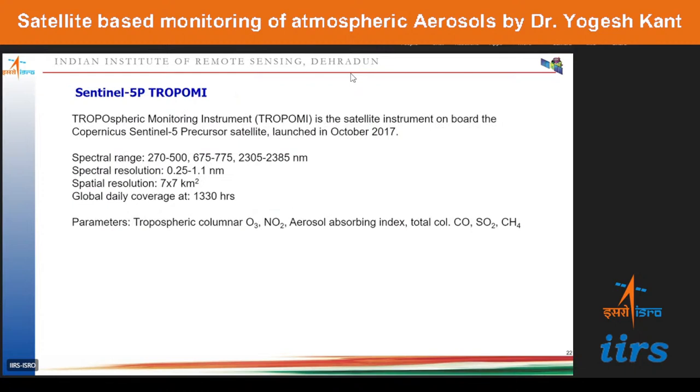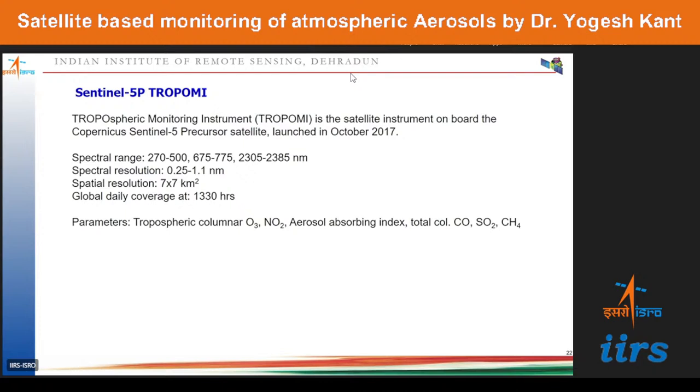This is another sensor. Tropomi is the sensor, and Sentinel 5P is the satellite. The Tropospheric Monitoring Instrument, Tropomi, was launched in 2017.